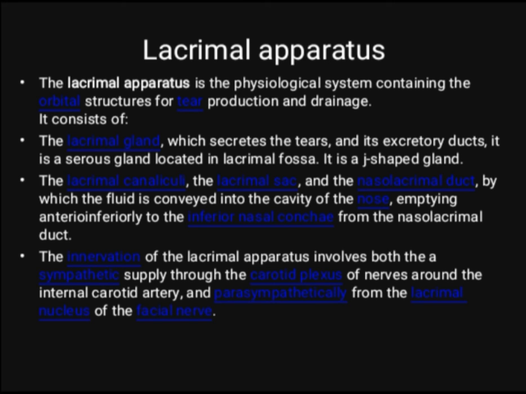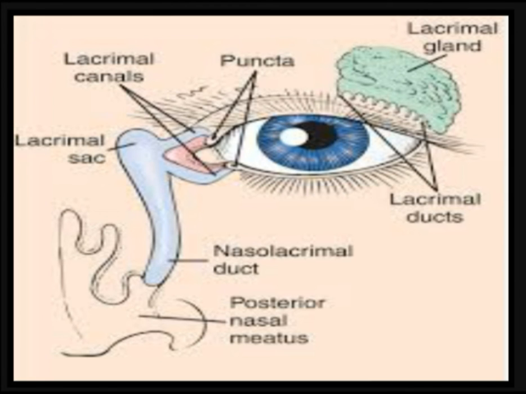The innervation of the lacrimal apparatus involves the sympathetic supply through the carotid plexus of nerves. These are the nerve supply and arteries of the lacrimal apparatus. Next is the whole lacrimal apparatus.